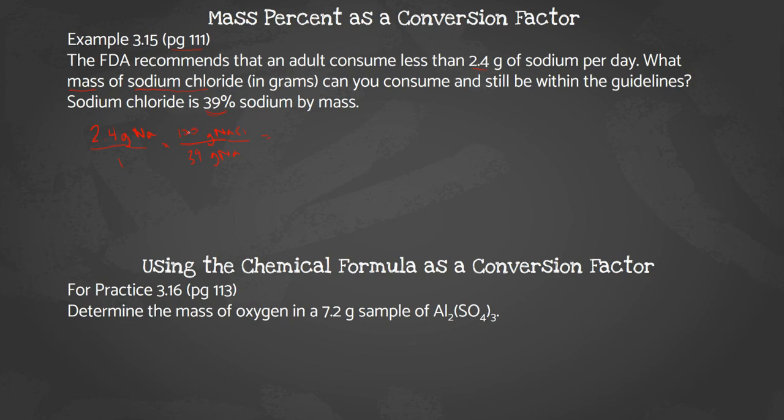So 2.4 times 100 divided by 39, and we should get 6.2 grams of NaCl, which your book tells us is equivalent to 12 packets of salt. So we want to eat less than 12 packets of salt per day.